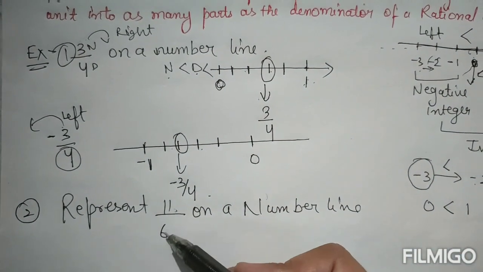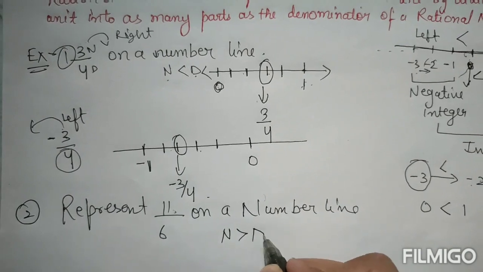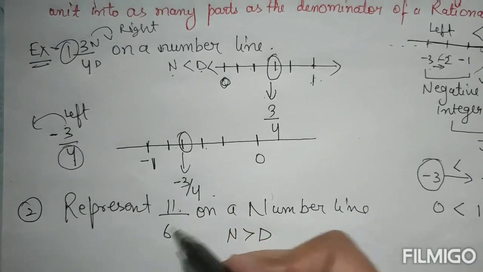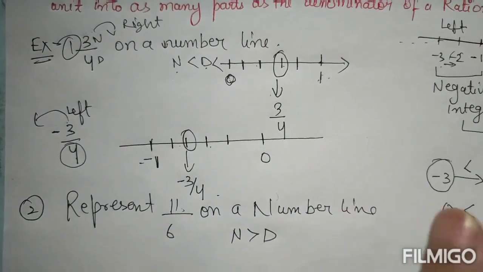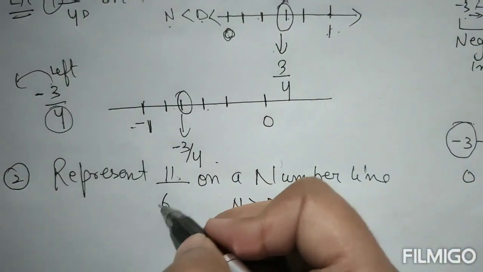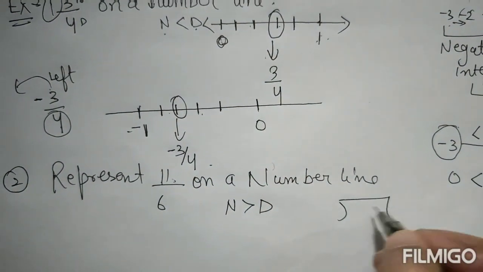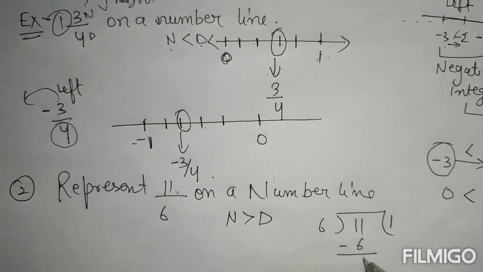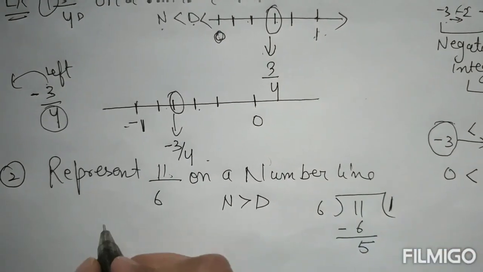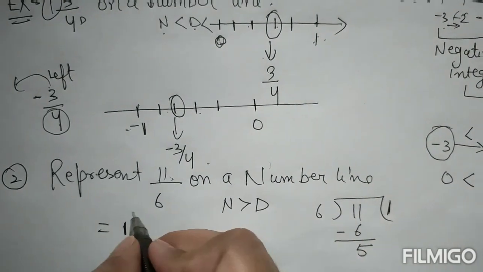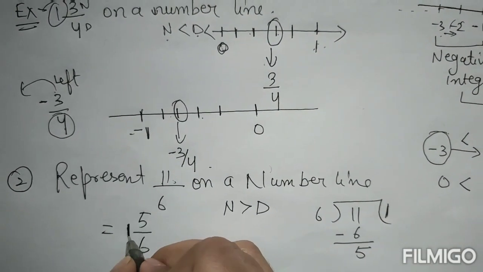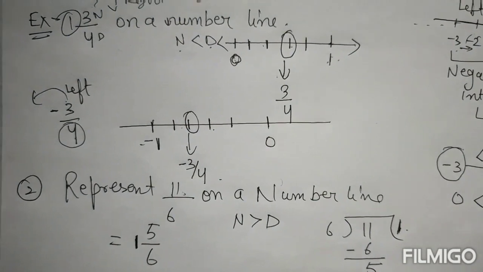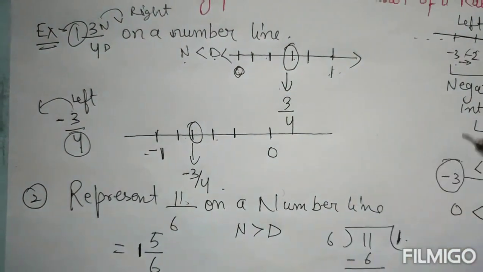Here the numerator is greater than the denominator. That means obviously it will not lie between 0 and 1. It will not lie between 0 and 1. To check where it will lie, simply divide it. 6 one time and subtracting, it will be 5. That means if you write it as a mixed fraction, it will be 1 5/6. This means it will lie between 1 and 2, between the points 1 and 2.